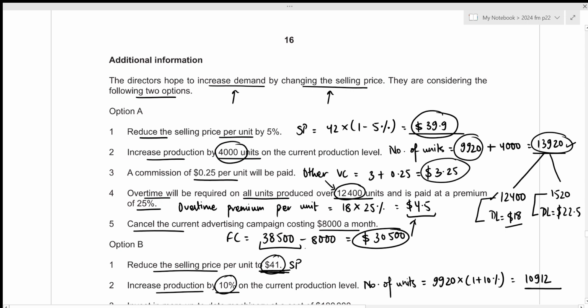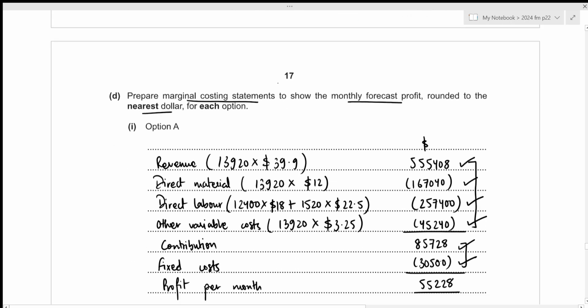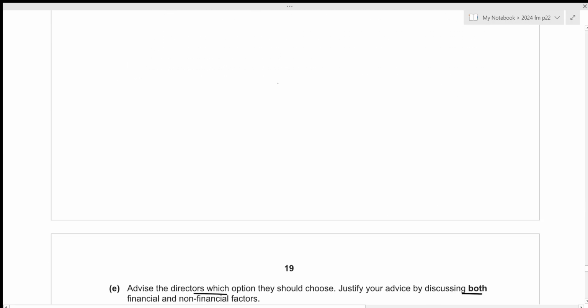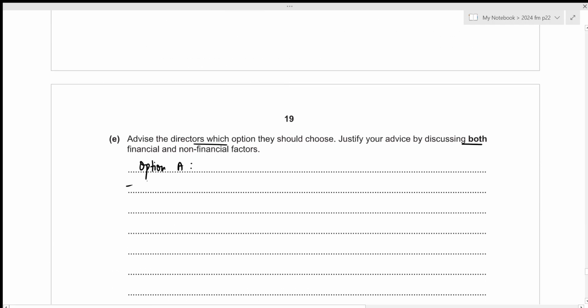So the first thing we can say is that the greater reduction in selling price may increase demand, which might meet the objective. Let's write it down. So greater reduction in selling price may increase demand.